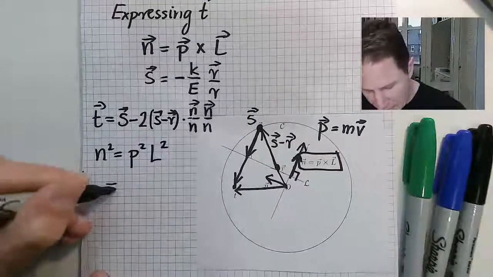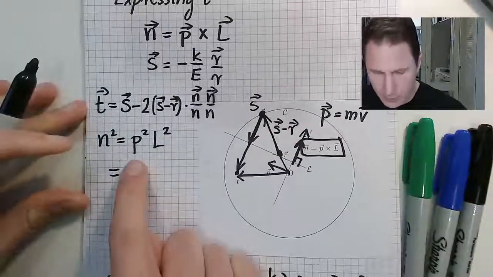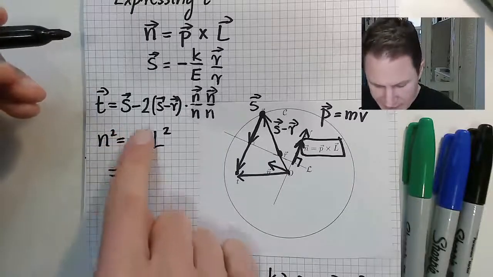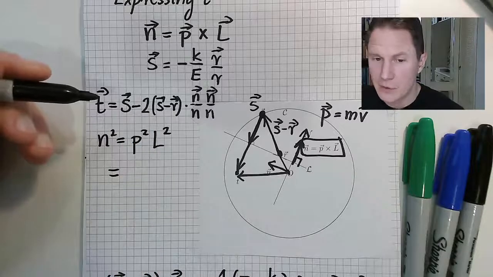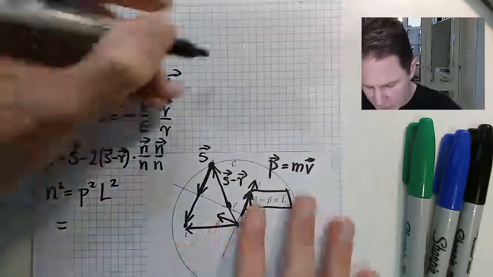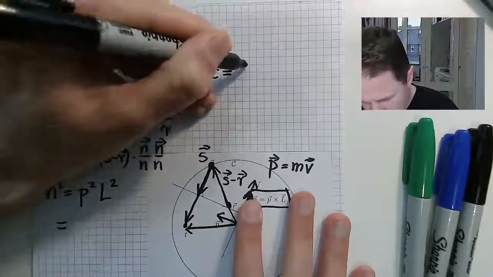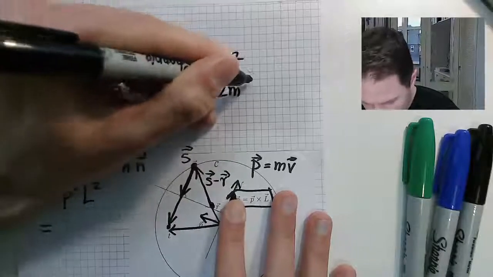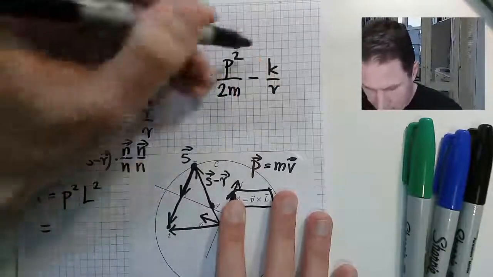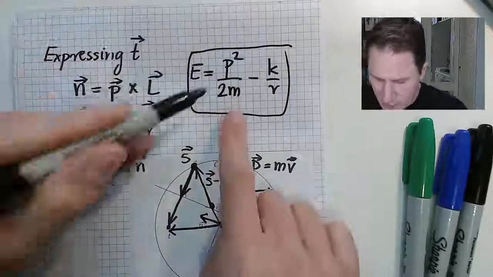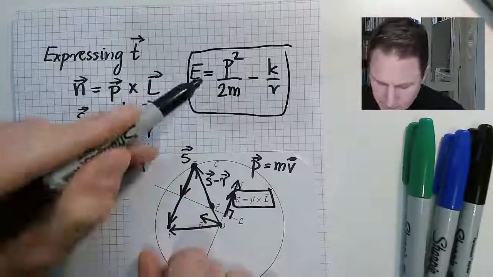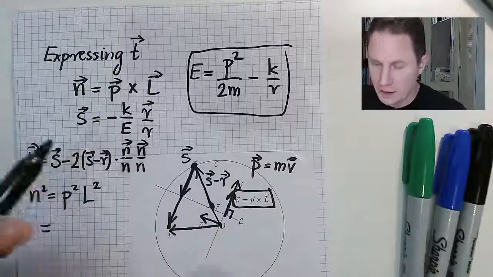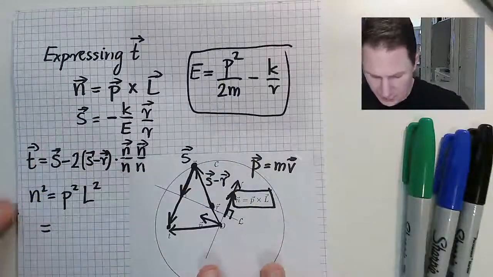But this can be slightly rewritten if we express p from the total energy. For that, let me just quickly tell you that the total energy can also be written as p squared over 2m minus k over r. That's the same thing. I have just rewritten the kinetic part using p instead of v, using the linear momentum instead of the velocity.